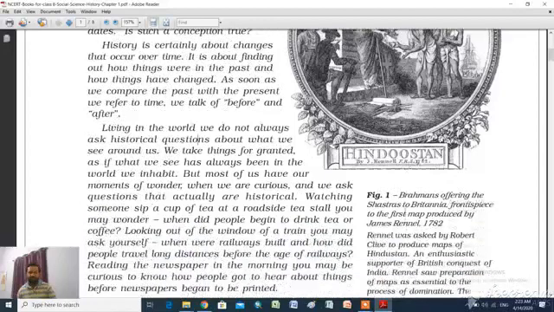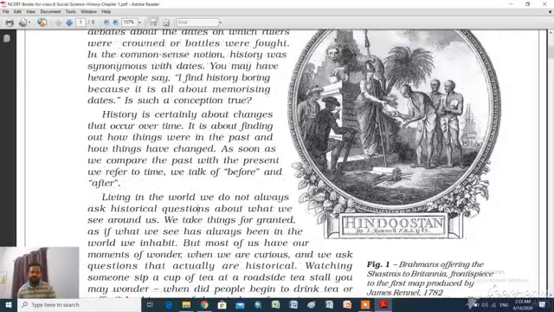The description is available in figure 1. The image was portrayed by James Rennell. Note down, James Rennell was a British cartographer, a mapmaker, who was assigned by the British government to prepare the entire map of India. So he was known as the father of Indian cartography, or map making.